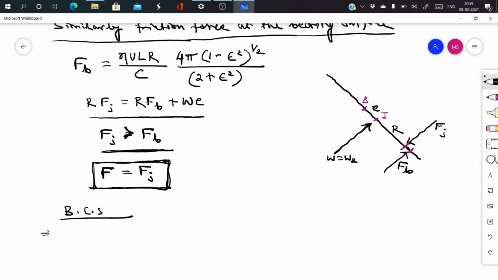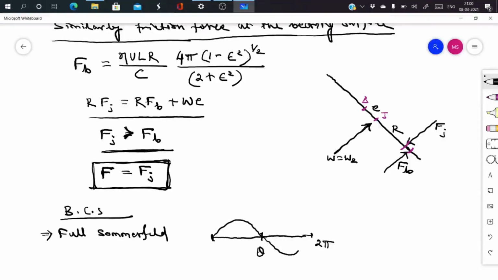So we used full Sommerfeld. Okay. Now if you use full Sommerfeld boundary condition, then essentially what you are getting, this is theta, this is 2 pi, this is pi. So you are getting like this.